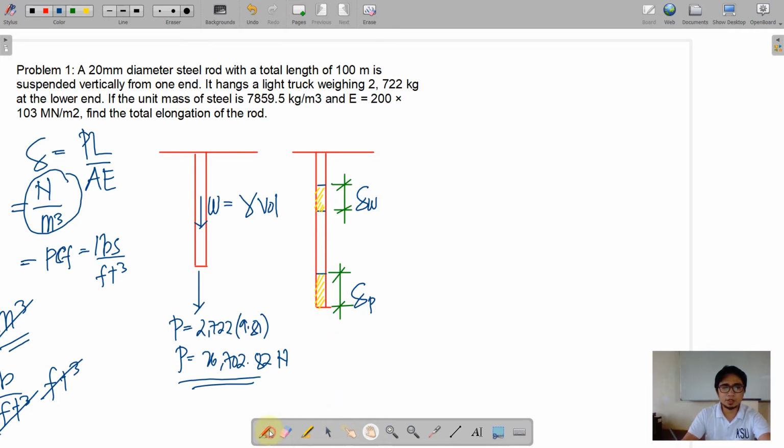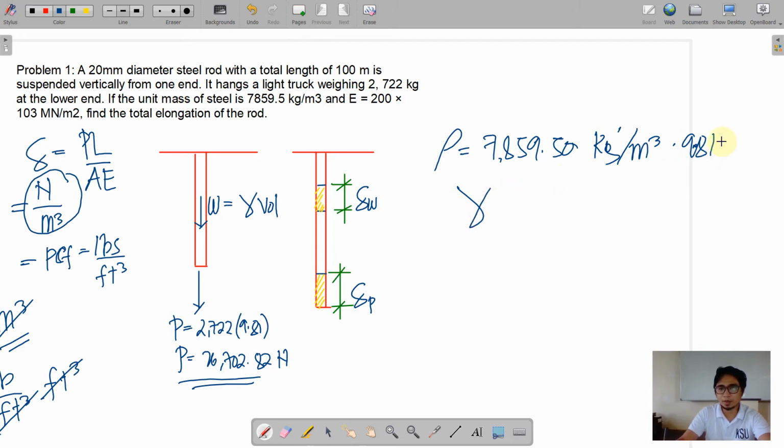So in this case, we have here given density equal to 7,859.5 kilogram per cubic meter. So this is density when we have kilogram per cubic meter. Of course, if we multiply this by 9.81, the acceleration due to gravity, it becomes gamma. This is mass, right? Multiplying it by acceleration due to gravity becomes a unit for force.